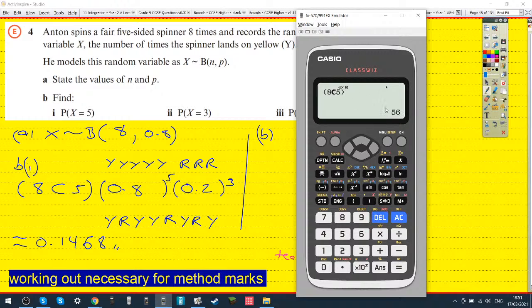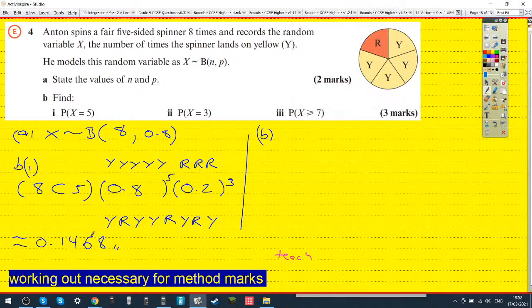So there's 56 ways of having 5 yellows and 3 reds. Like one is yellow, yellow, yellow, yellow, yellow, red, red, red. Another is yellow, red, yellow, yellow, red, yellow, red, yellow. There's 56 different ways of doing it. That's a roughly 15% chance. 14.7%, yeah, close to 15%. So it's a decimal. It looks very small, but it's not too small.